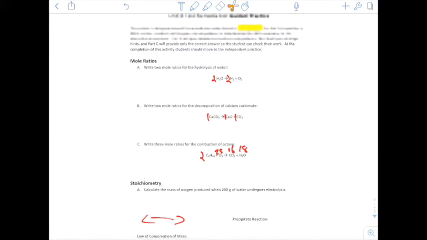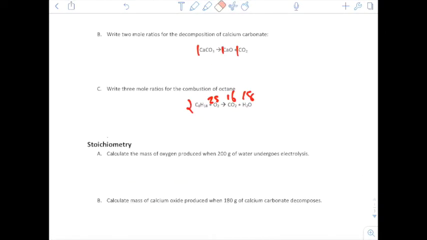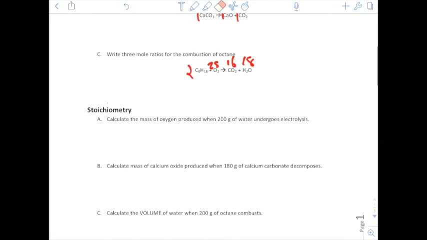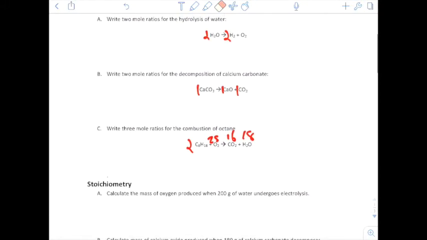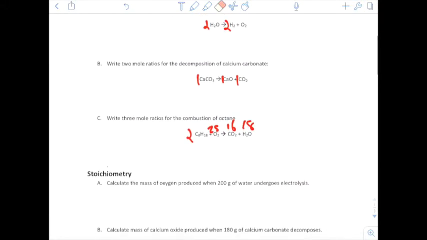Moving on to some stoichiometry. When we're looking at stoichiometry, it says calculate the mass of oxygen produced when 200 grams of water goes under electrolysis. So there's our equation way up there. So all we're going to do is start with, anytime it says grams of water, we need the molar mass of water.